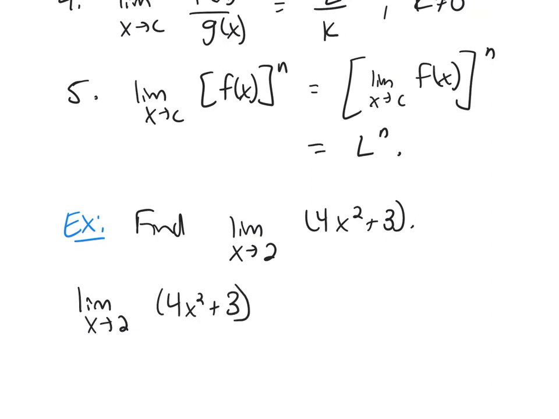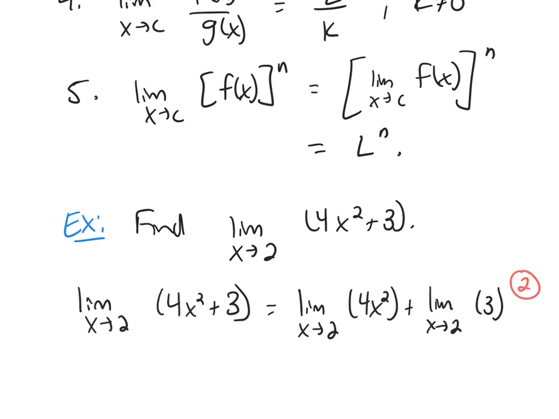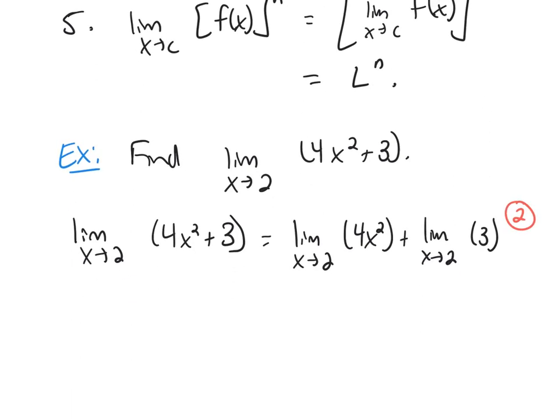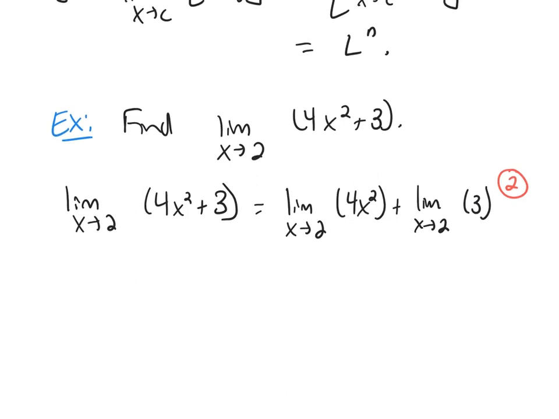The first thing I see is that I have addition here, and if I look back at my properties, my second rule tells me I can split this up into the limit of 4x squared plus the limit of 3. Over here on the right, I'll write which property we're using. We're using property 2.